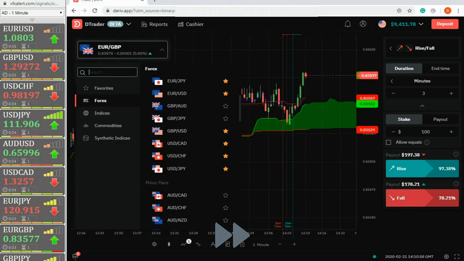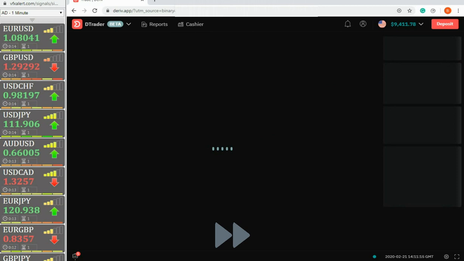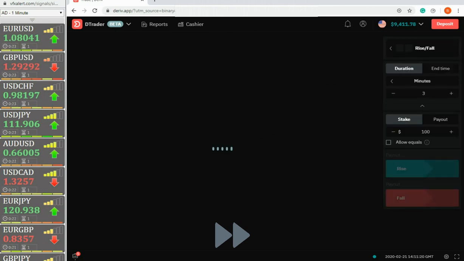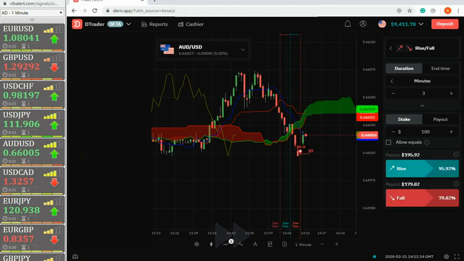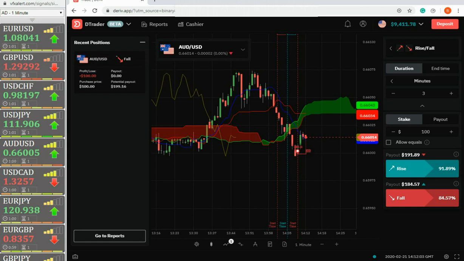However, this behavior is observed on most technical tools. Option at a loss. We are waiting for expiration. The transaction ended at a loss. We are waiting for the next signal.